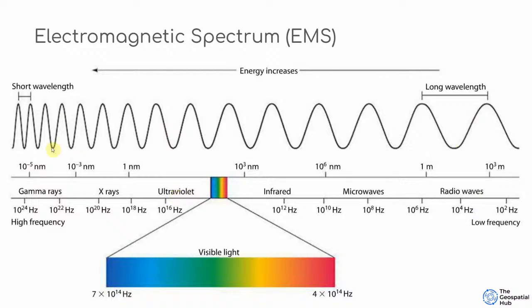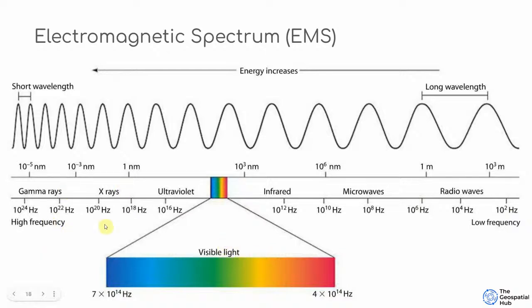So the electromagnetic spectrum includes wavelengths ranging from shorter to longer. The shorter wavelengths have higher frequency, and the longer wavelengths have lower frequency. So this is the portion of the gamma ray, X-ray, ultraviolet, visible light, infrared, microwave, and radio wave.